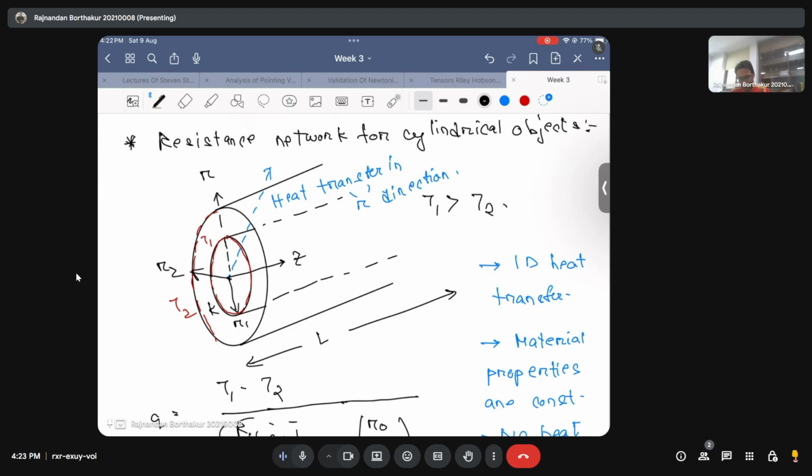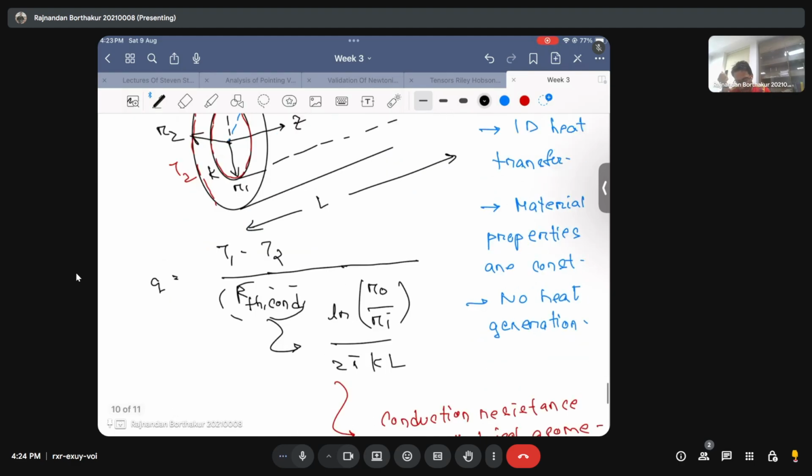That's the reason why analyzing this in cylindrical coordinates is useful, and the reason is related to its application, because most of the things that are used for transferring heat, let's say heat pipes and all, are of cylindrical shape, to be precise.